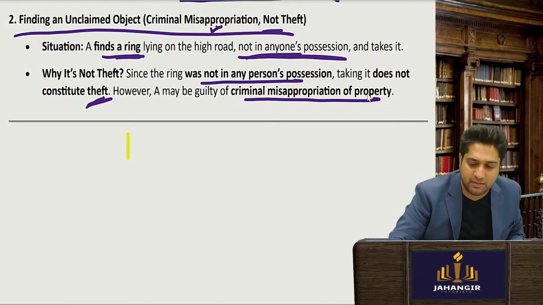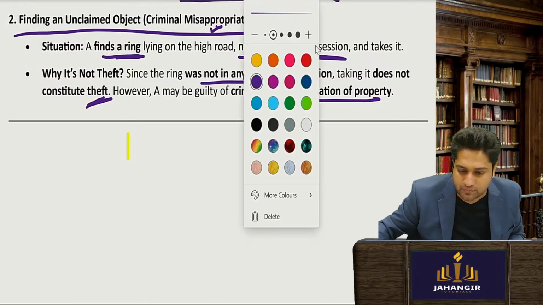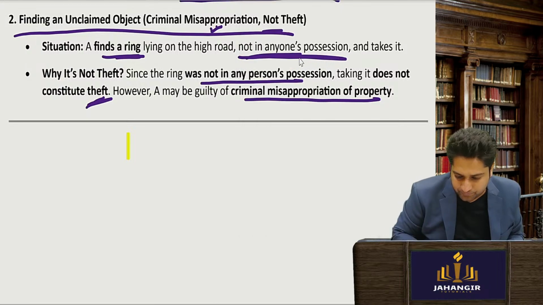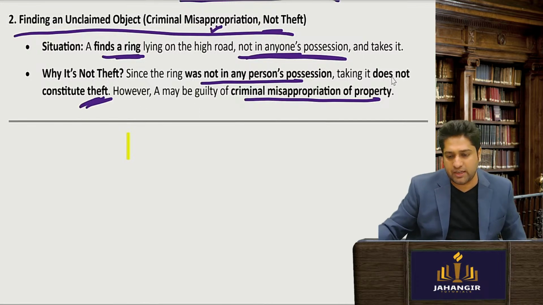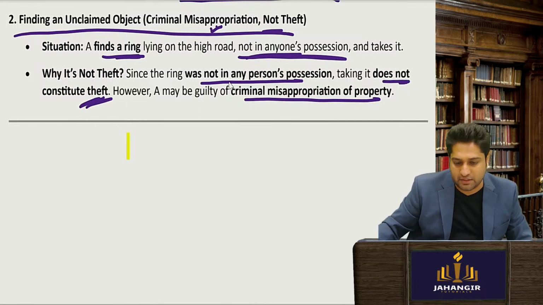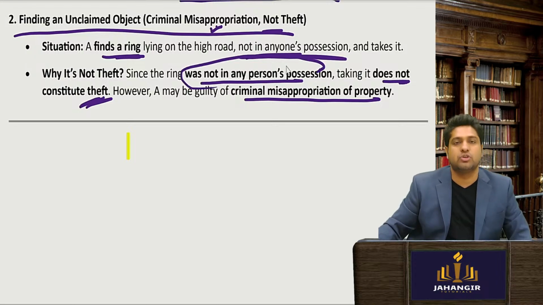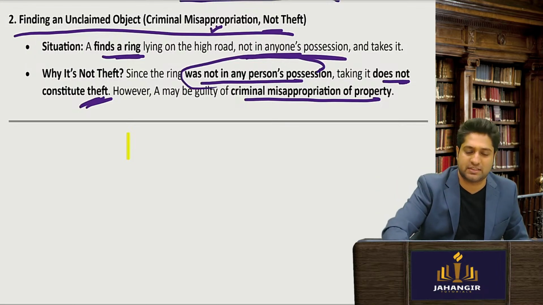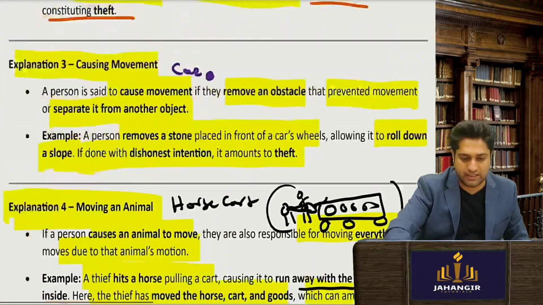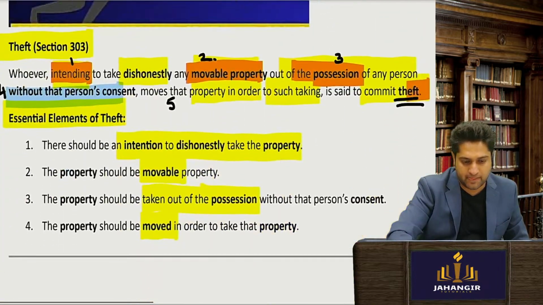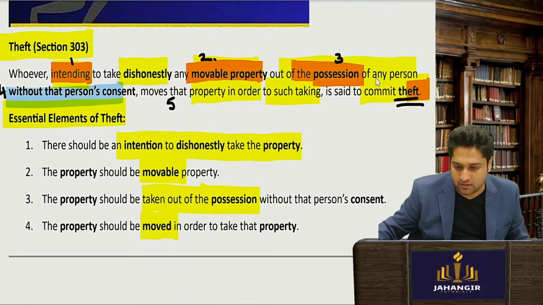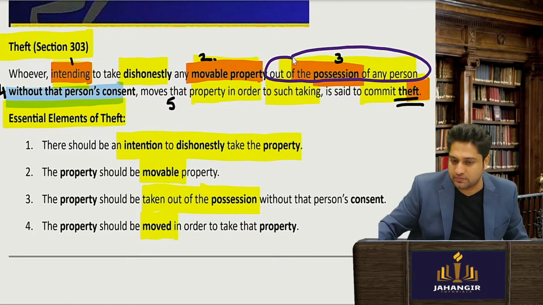Here, one very important thing, it should come here, okay. It must be taken from someone's possession. So when you find something on the road, you did not take someone out of possession. It was already kept there. So very, very important line here, that it has been taken out of the possession of a person.